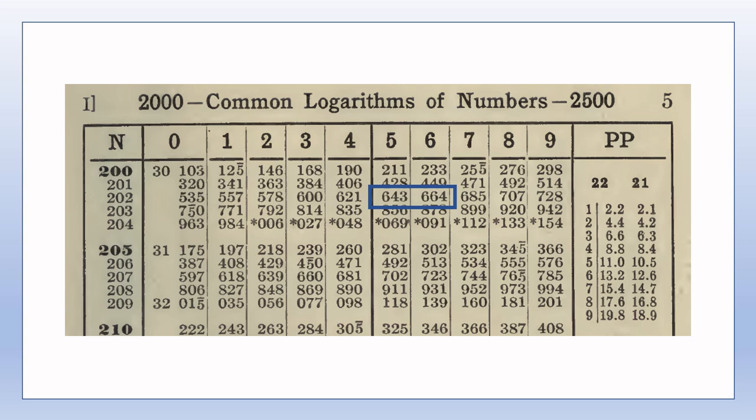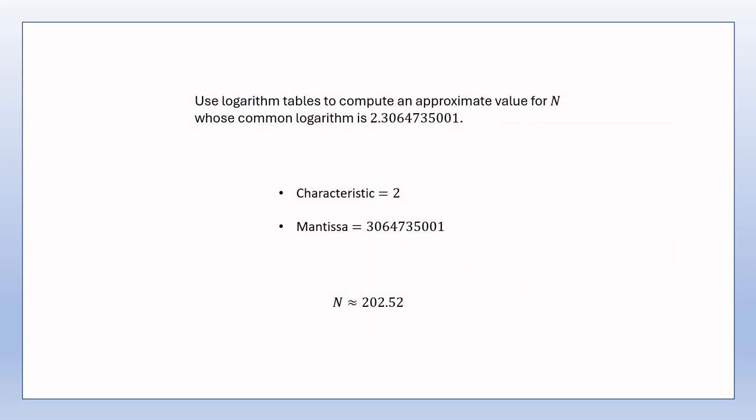Think of it as almost like adding 0.2 to give 20252. And since the characteristic is 2, I place the decimal point after the third digit from the left to give 202.52. And therefore n is approximately equal to 202.52.